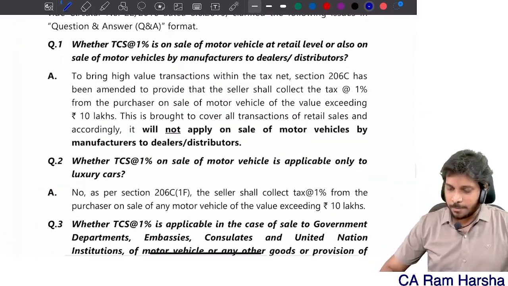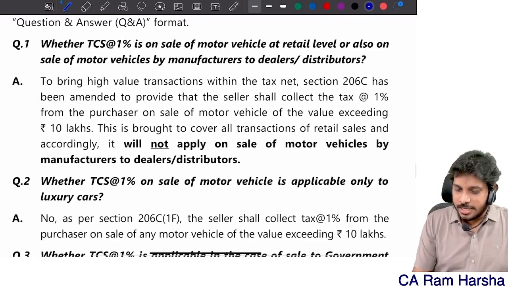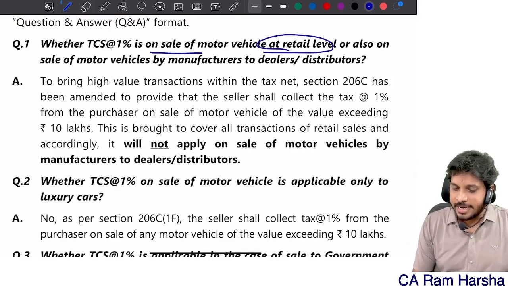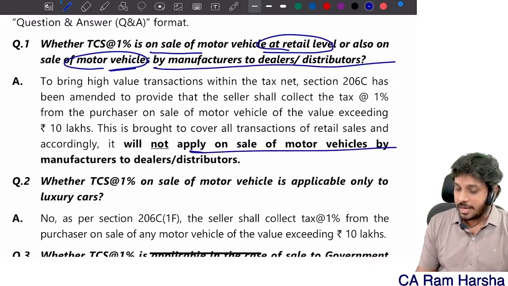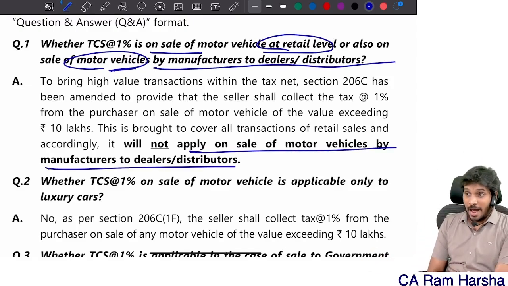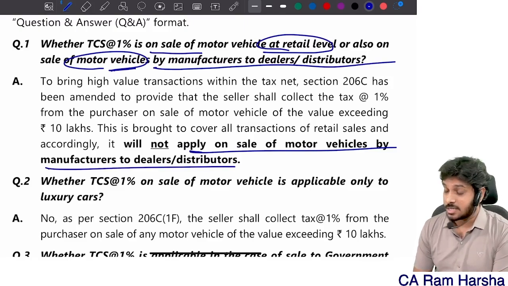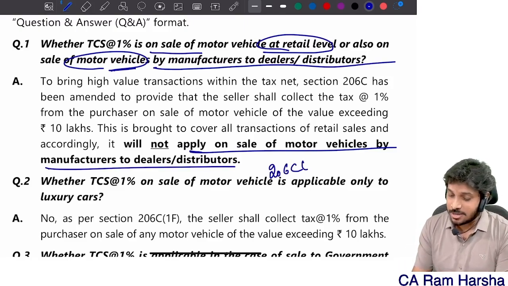Yes, here you see. Is this provision applicable only at a retail level or to sale of motor vehicles by manufacturers to dealers? It will not apply when the cars are being sold by manufacturers to dealers. At that time, 206C 1H is applicable.